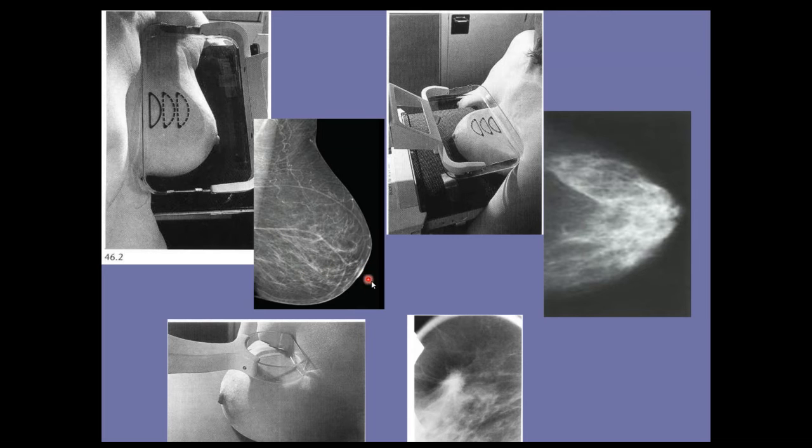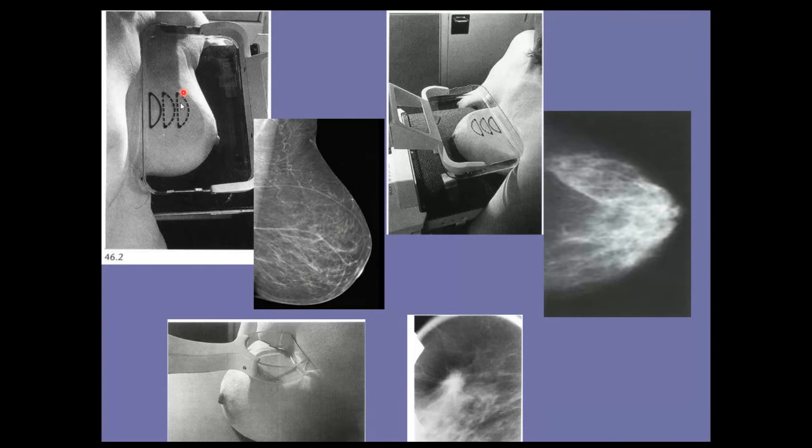So this is the areolar region. You can see this is the nipple area. We draw a line to the orientation of the breast, to the chest wall. Any mass which is above this line, we can label as being in the upper quadrant. If the mass is below this line, we can say the mass is in the lower quadrant.